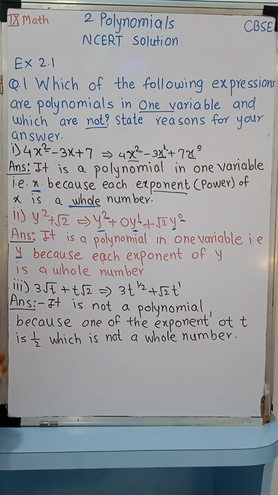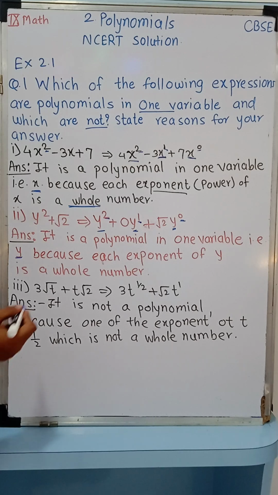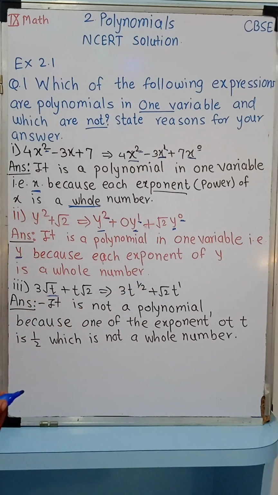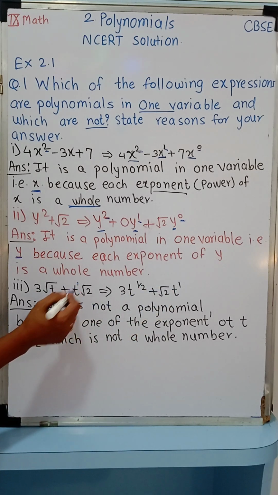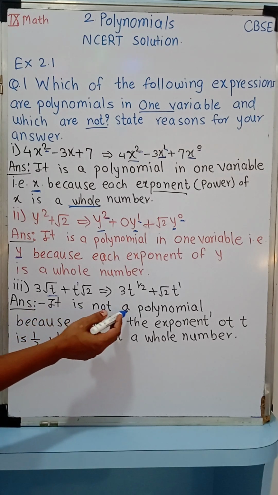Moving to the next example: 3 into root t plus t into root 2. This can be written as t raised to half power, and plus root 2 into t raised to 1. Here where no power is written, it means it is 1. So it is not a polynomial. Why?